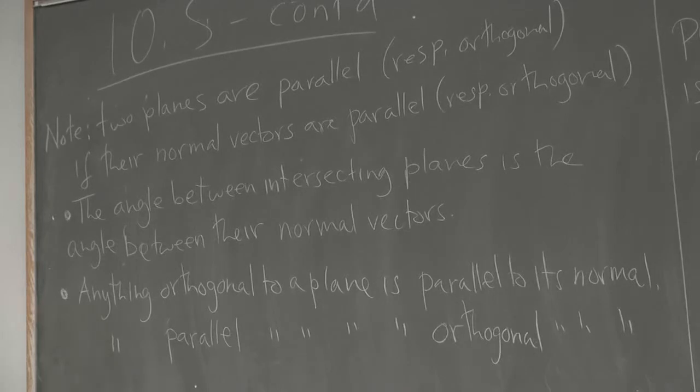Everything that has to do with parallel or orthogonal, the vectors are what we look at because they give us the direction, right? The angle between planes is considered to be the angle between their normal vectors. Another very important thing: anything orthogonal to a plane is automatically parallel to its normal, and vice versa. If you're parallel to the plane, you're orthogonal to the normal, right?